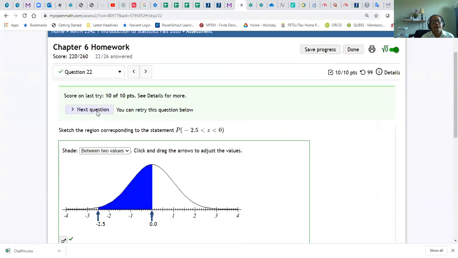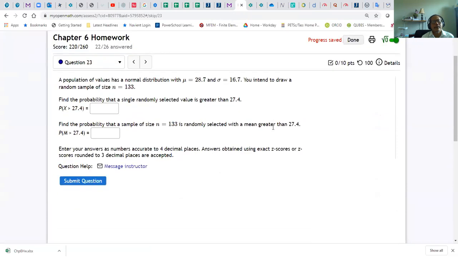And number 23. Yeah, it's just the same thing, but let's do it. So greater than 27.4, right?